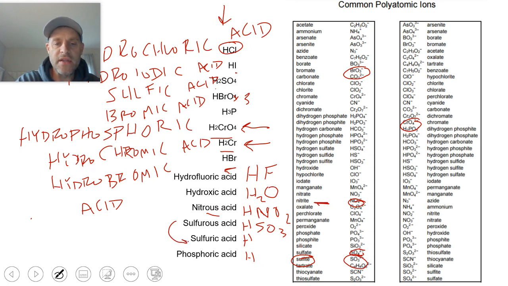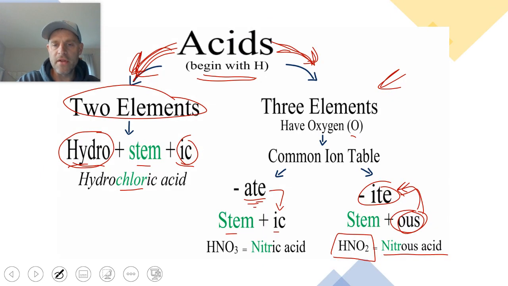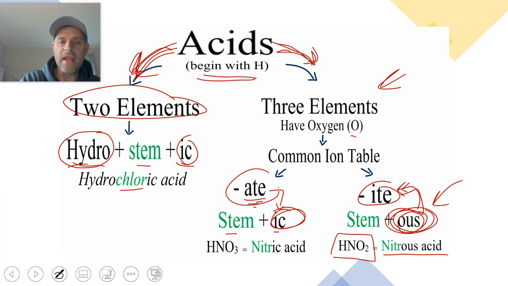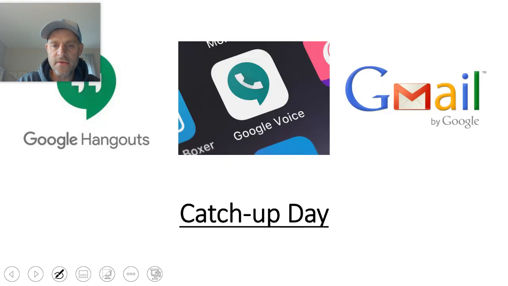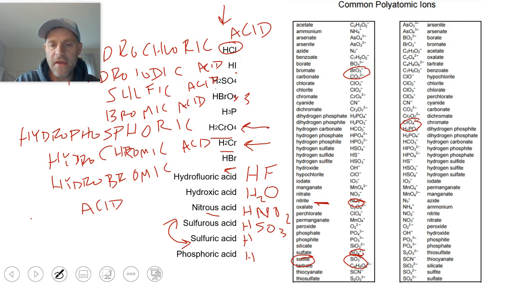Look at the next one below it, sulfuric acid. What's the difference between these two? One is ous, one is ic. We just did ous. Well, what's the ic? Instead of an ite, it must be an ate. So is there a sulfate? Sure it is, right above the last one we did. Here's the sulfate.